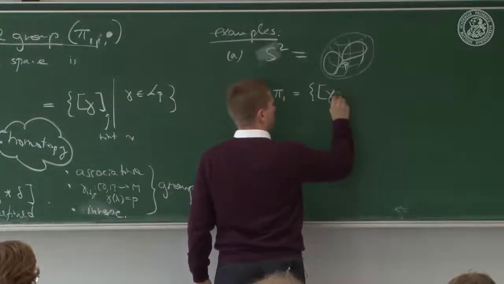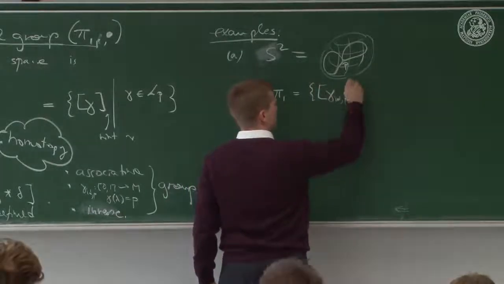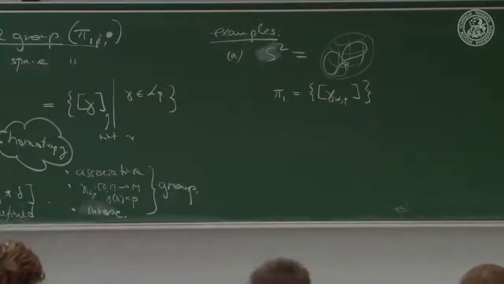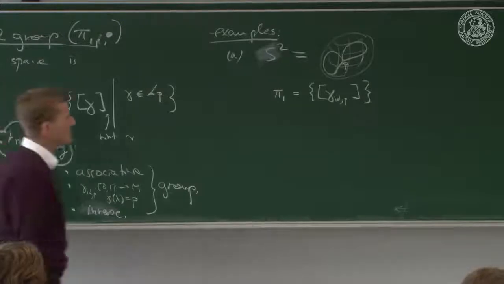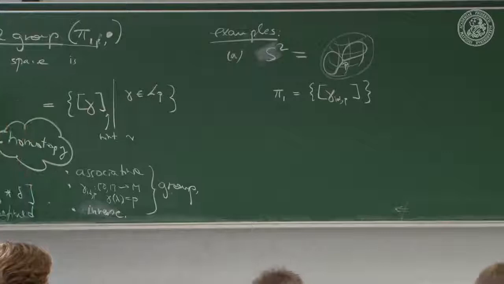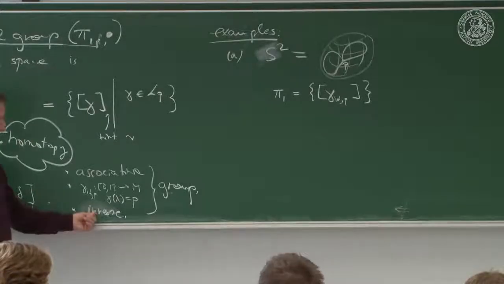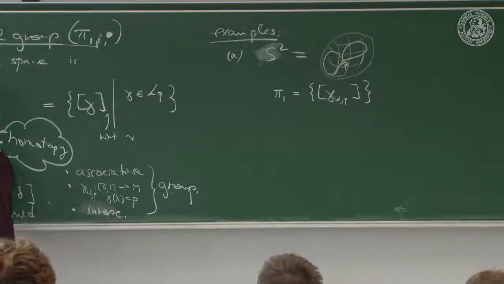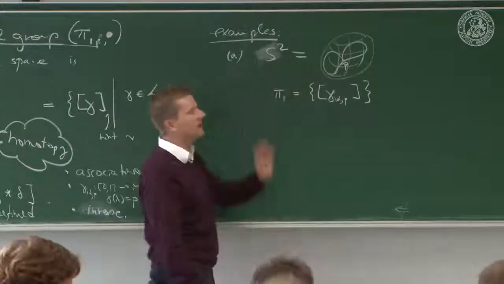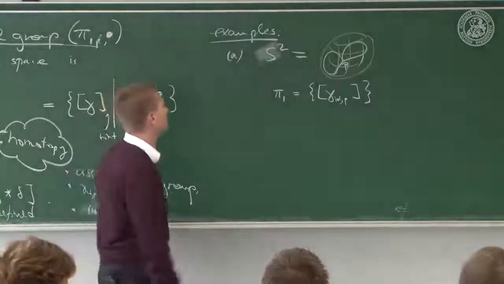So to the curve that stays always at the point P. There's only one class in there. The group consists of one element. So one element group. And that is its own inverse. A group always needs at least one element because there is the existence of a neutral element. Okay, so that's very simple. That's a very simple fundamental group.